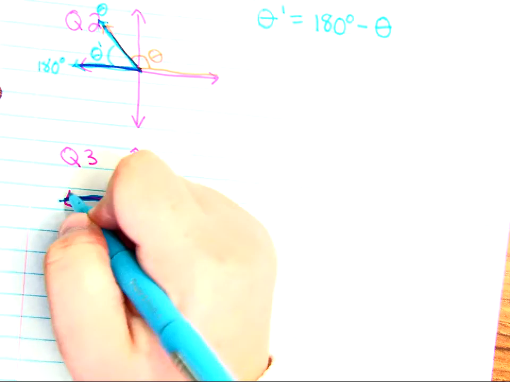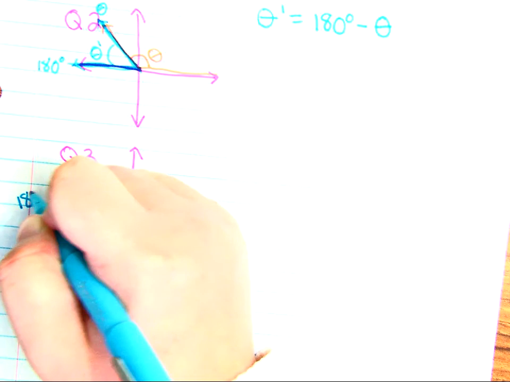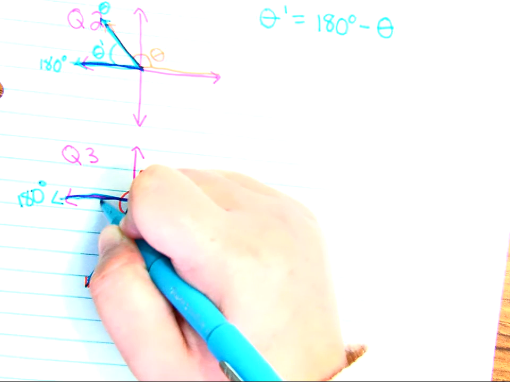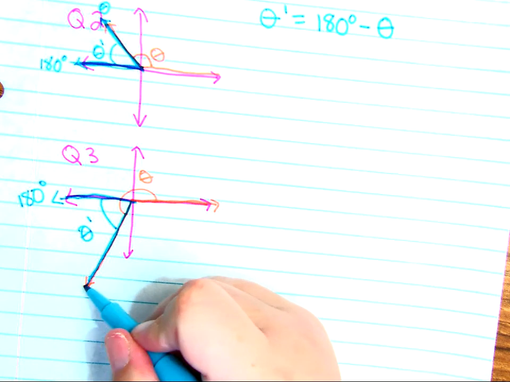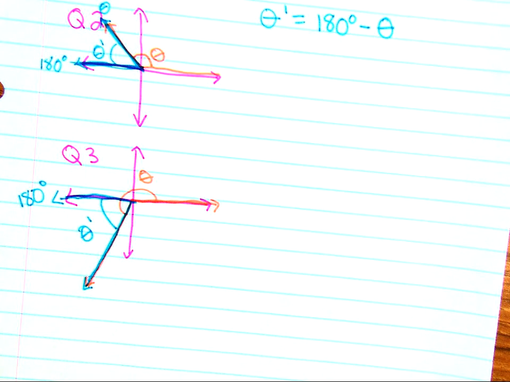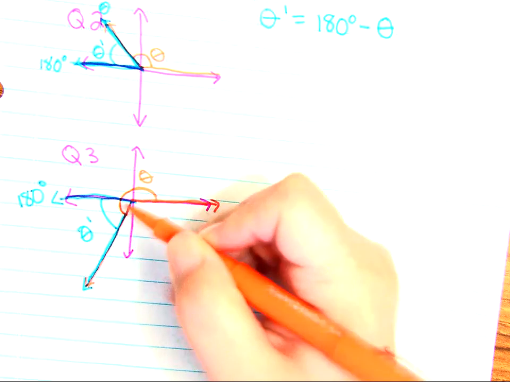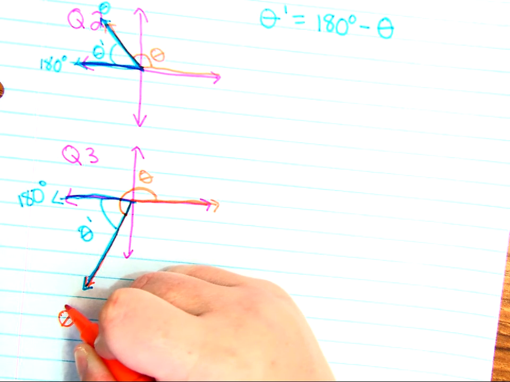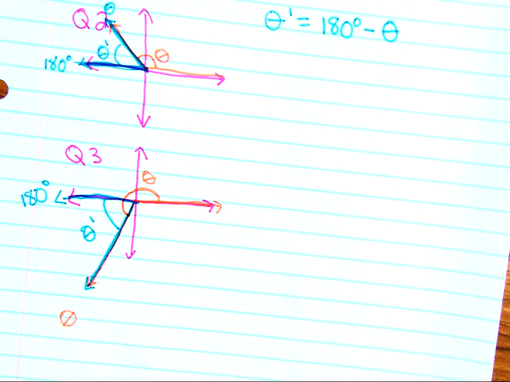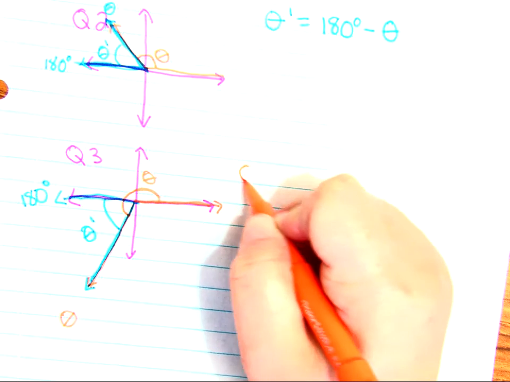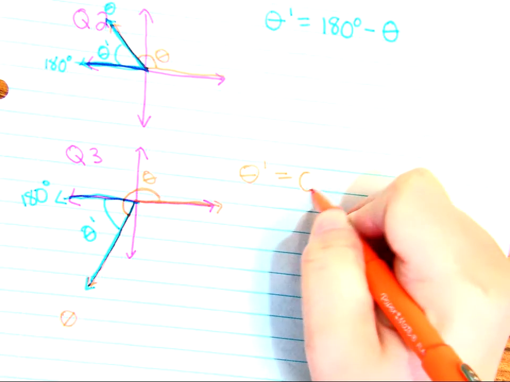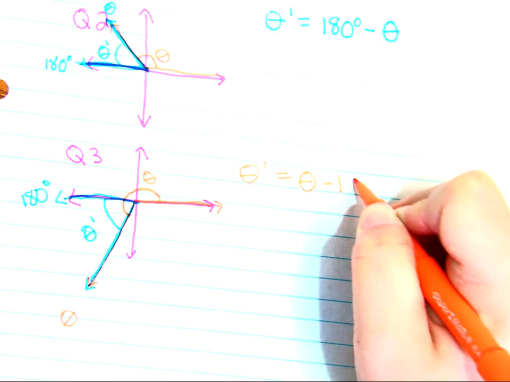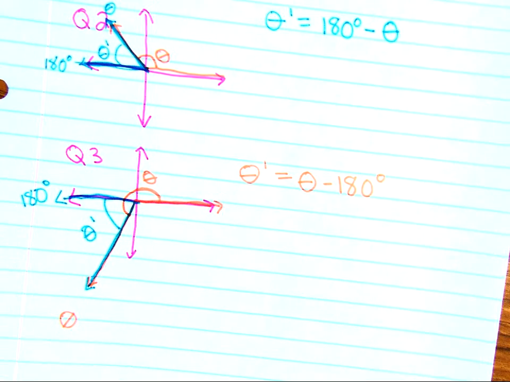Okay, again, this is 180. This is my theta prime, or my reference angle. Okay, and remember, rotating all the way around to here represents my theta. So how would I figure out my theta prime? It's just a little bit different than the one up above. Now we're going to take theta and subtract 180 degrees. Okay.